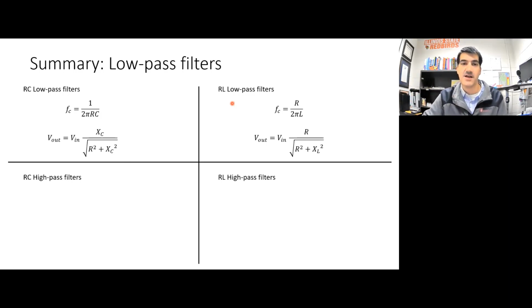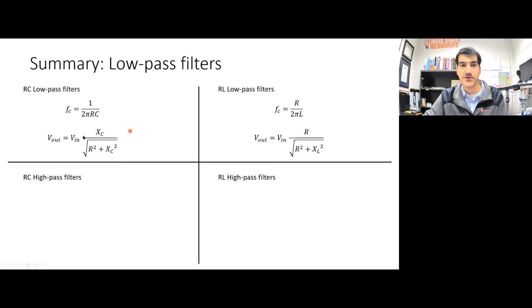Don't forget that. But once you know that, there are really only 2 equations that are very relevant for each of these circuits. I want you to know the cutoff frequency, which is 1 divided by 2 pi RC for an RC filter. And the output voltage is equal to the input voltage times this ratio, capacitive reactance divided by the square root of R squared plus capacitive reactance squared.